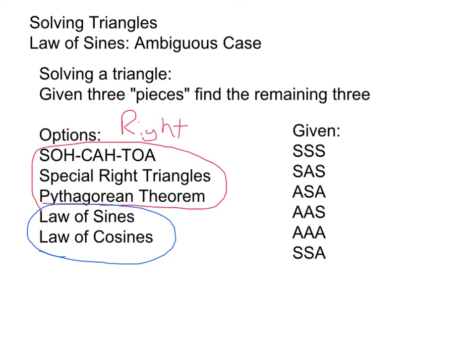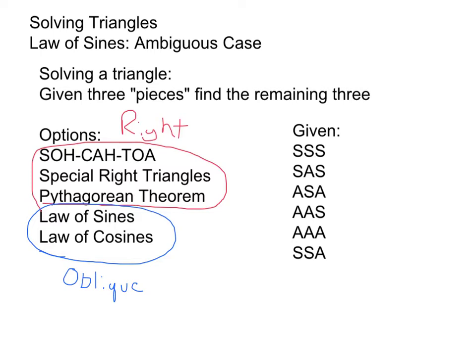And just because it's good to know, a triangle that's not a right triangle is called an oblique triangle. So you have right triangles and you have oblique triangles. If the triangle you're solving is right, you have basic trigonometry, special right triangles, or the Pythagorean theorem.